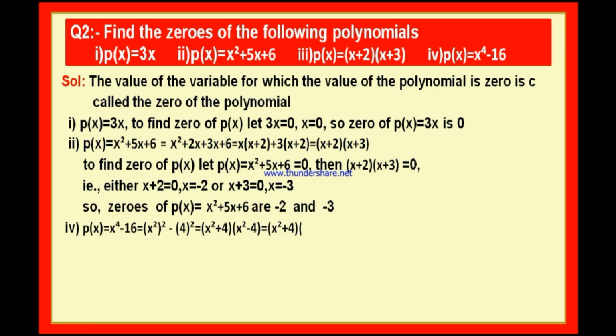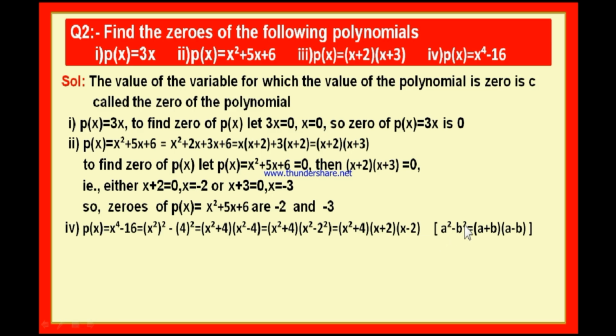P of x is equal to x power 4 minus 16. We have to find the zeros for this polynomial, x power 4 minus 16. X power 4 can be written as x square whole square, minus 16 means 4 whole square. This is in the form of a square minus b square.